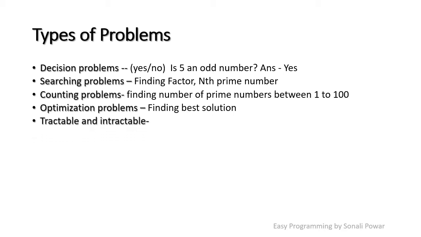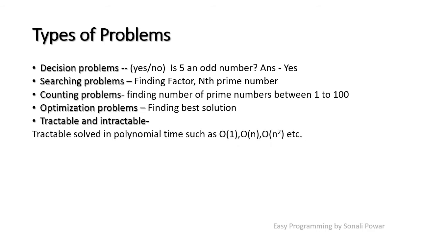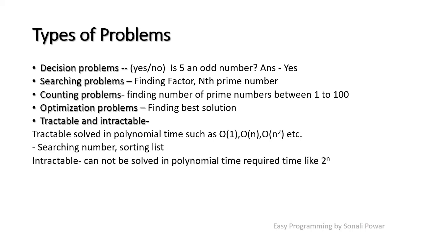Next one is tractable and intractable problem. The tractable problem is solved in polynomial time such as big O of 1, big O of n, big O of n square. The examples of tractable problem are searching a number, sorting a list. And in case of intractable problem, it cannot be solved in polynomial time. It requires time like 2 raised to n.